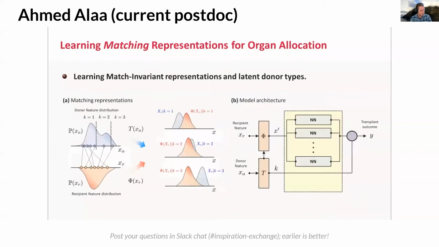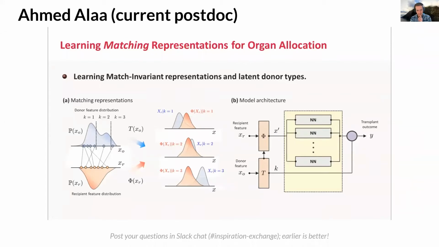So the solution that we propose to this problem is based on the idea of matching representations. These are representations that transform the donor and recipient features into a new feature space where the matching bias is eliminated. Our model is a three-step solution where we first start by clustering the donor feature space into a discrete set of donor types, in which we map the different donor features into a single donor type index.